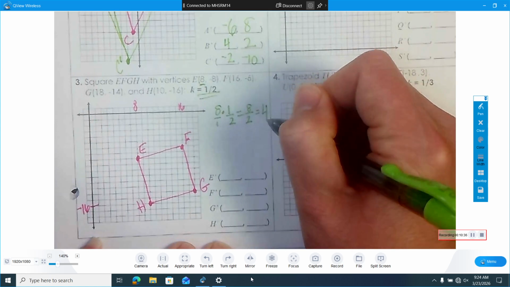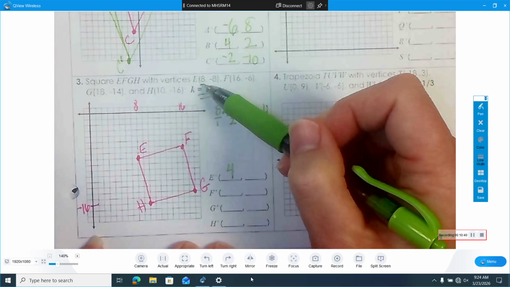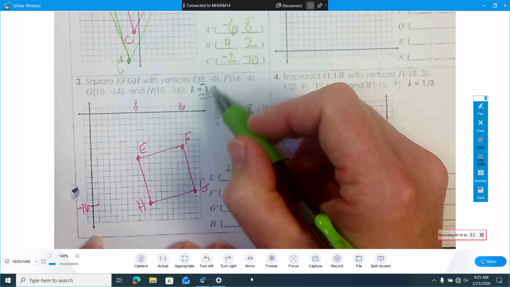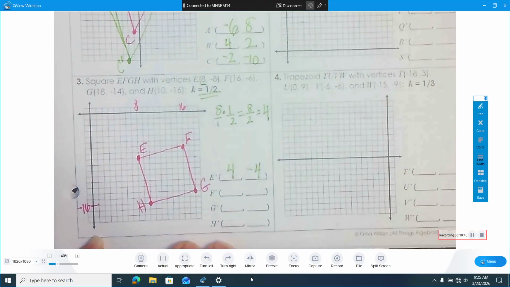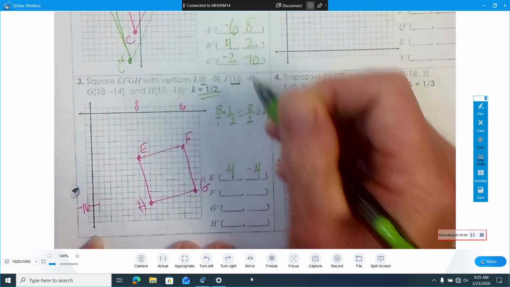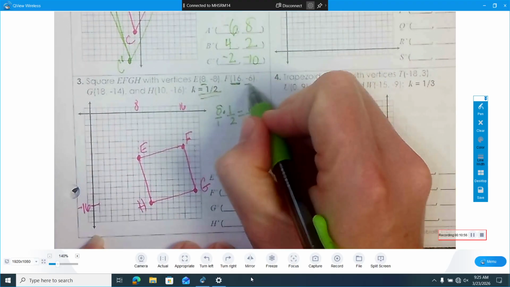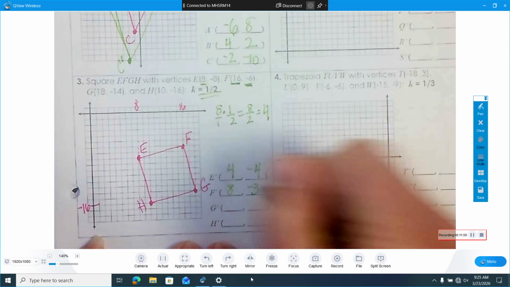8 divided by 2 gives me 4. And so 8, negative 8, when we multiply negative 8 times half, what's half of negative 8? Negative 4. What's half of 16? 8. What's half of negative 6? Negative 3. Good.